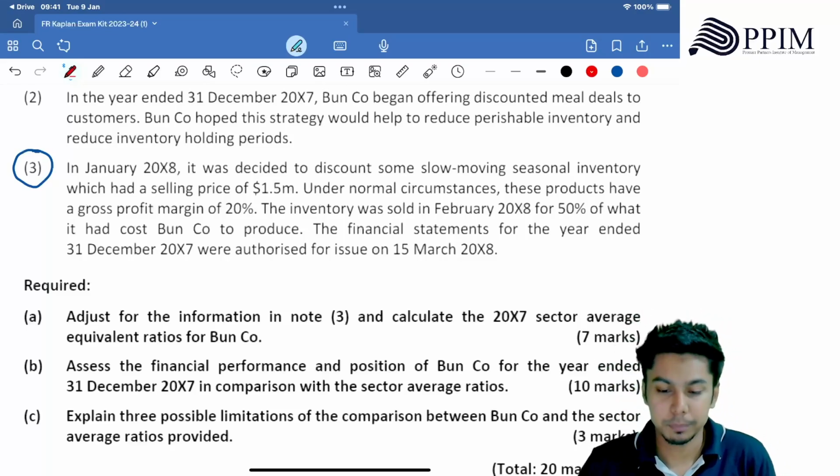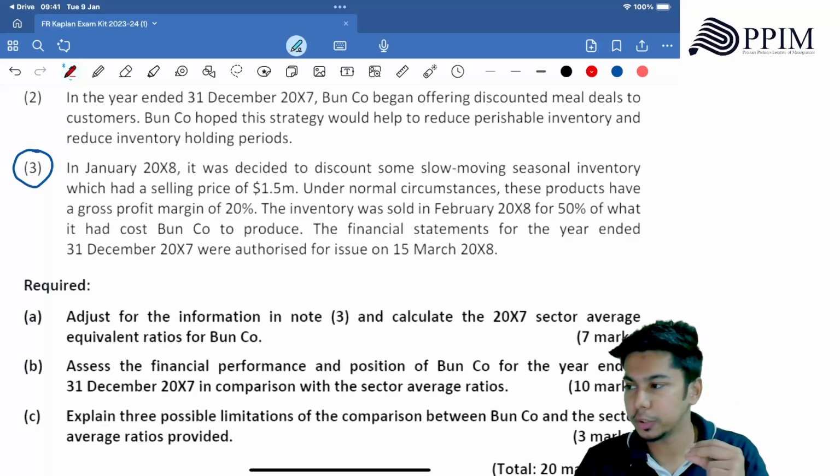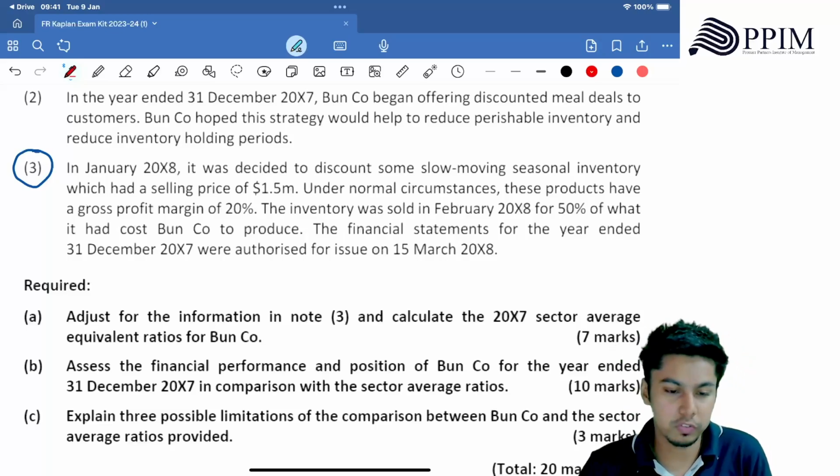Read adjustment number 3. I'll give you around 2 to 3 minutes. Can you quickly calculate and show me the stock loss for this question?